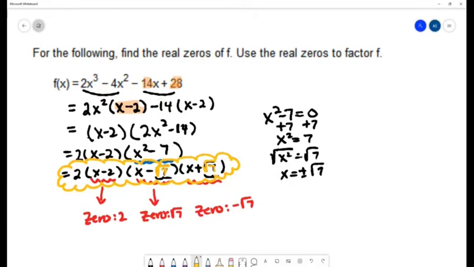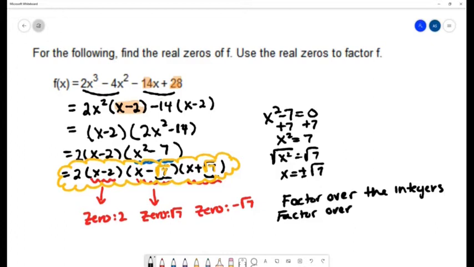So we have different levels of factoring. We can factor over the integers. We can factor over the rationals.